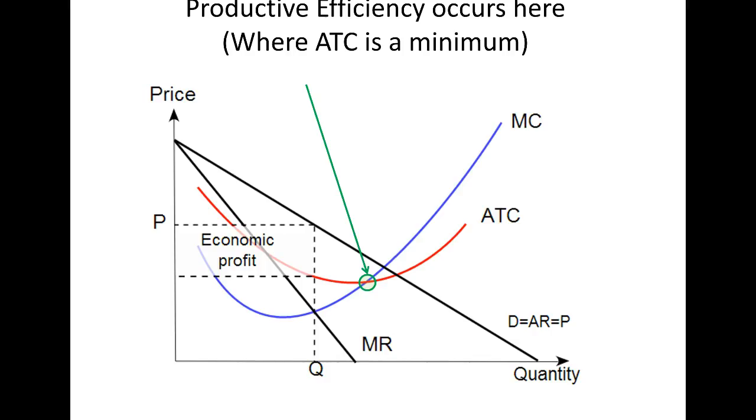And here are two different graphs to take a look at. The only reason I'm showing this one is to say, productive efficiency, can you identify where it occurs? Again, productive efficiency, ATC, where does it hit its minimum? Right there. So that would be the Q productive efficiency. That one's always easy to find once you remember what the notation means.